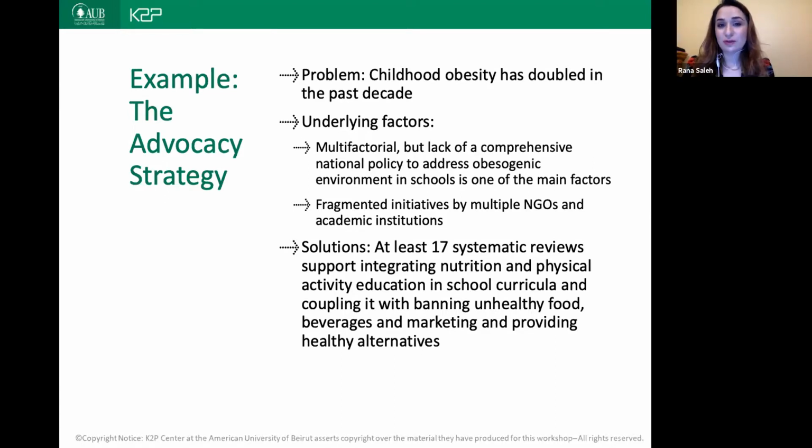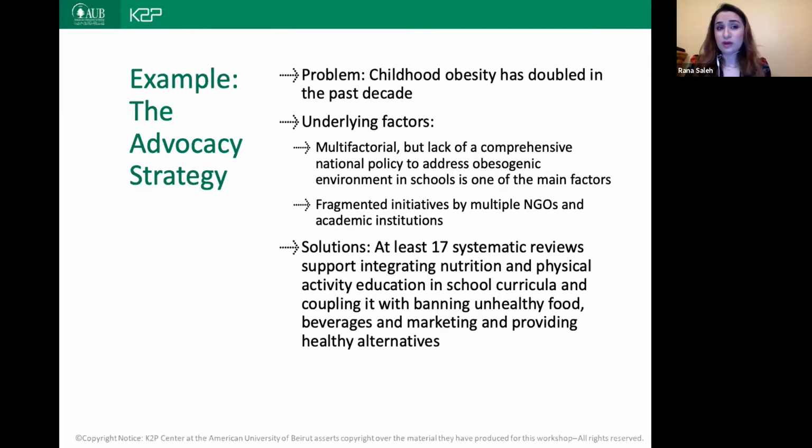So first of all, define the problem. We know that childhood obesity has doubled in the past decade, and we have multiple reports of the harms this has caused for children in Lebanon. In order to identify the solutions, we really need to understand the underlying factors first, right? Childhood obesity is multifactorial, but in the case of Lebanon, there is a lack of a comprehensive national policy to address the obesogenic environment in schools.